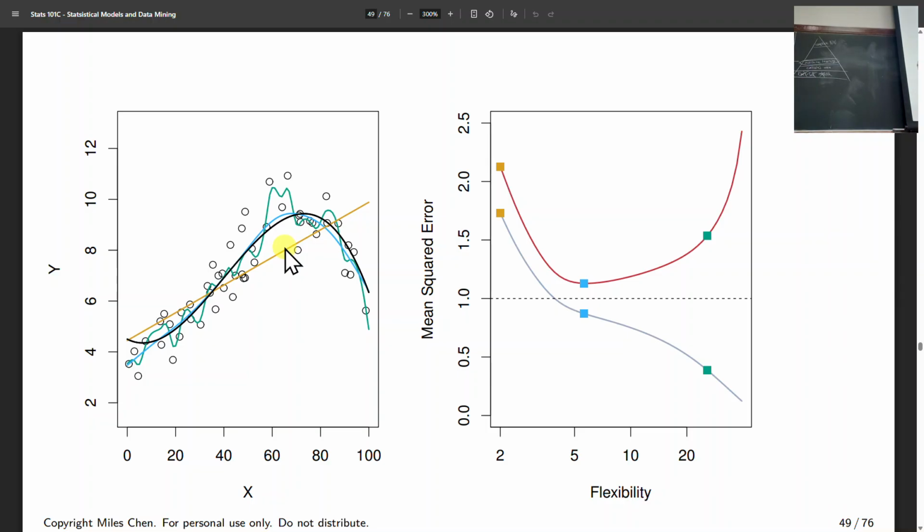Because this is the true relationship, you could generate a data point right here, and the green line is quite a bit far from whatever point you have there. So you can end up having higher mean squared error. So if your relationship is too flexible.